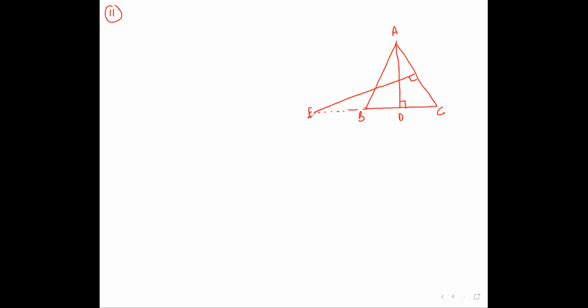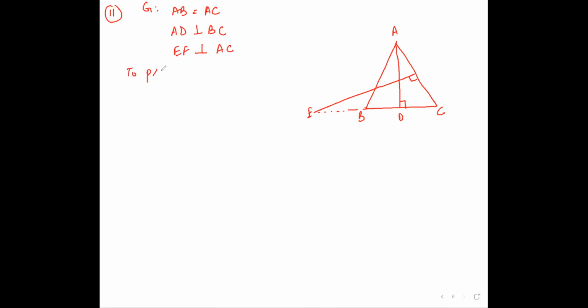Yes, so two sides are equal basically. So E is a point on side CB produced of an isosceles triangle with AB equal to AC. So it is given that AB is equal to AC. Fine. If AD is perpendicular to BC, this is also given, and EF is perpendicular to AC.